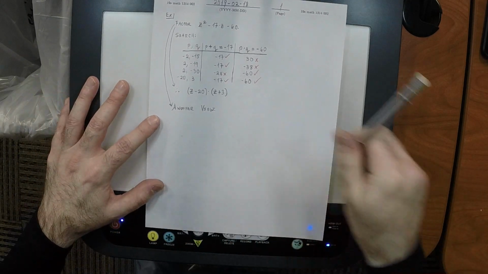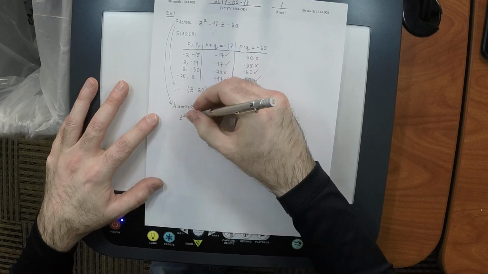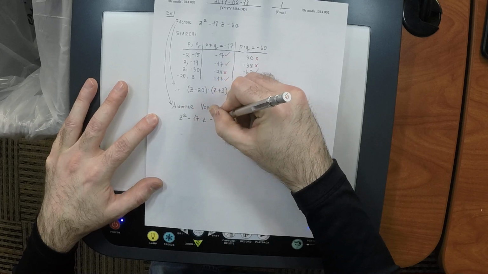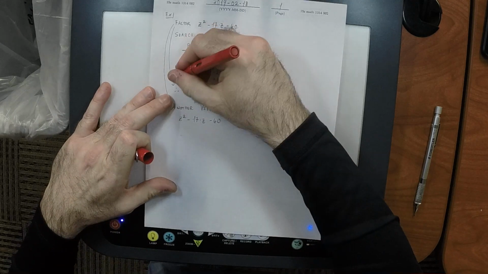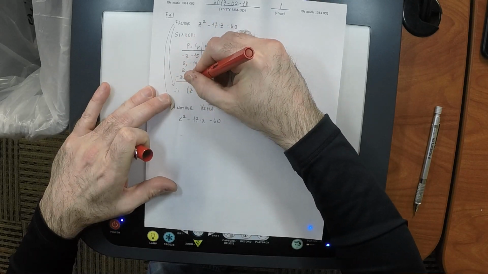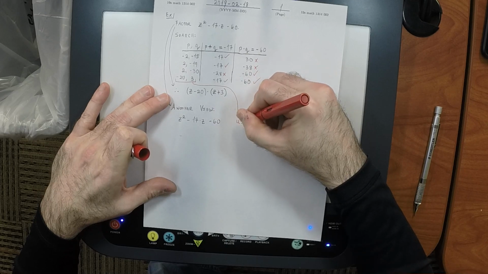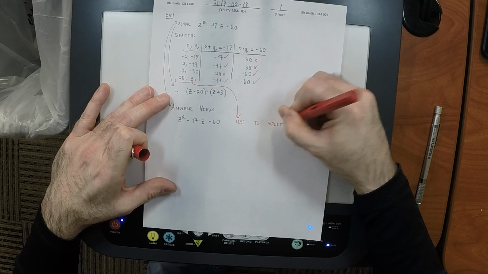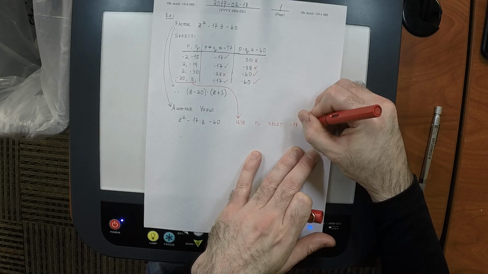All right. So what we're going to do is take z squared minus 17z minus 60, and we're going to use those two numbers to split negative 17z.